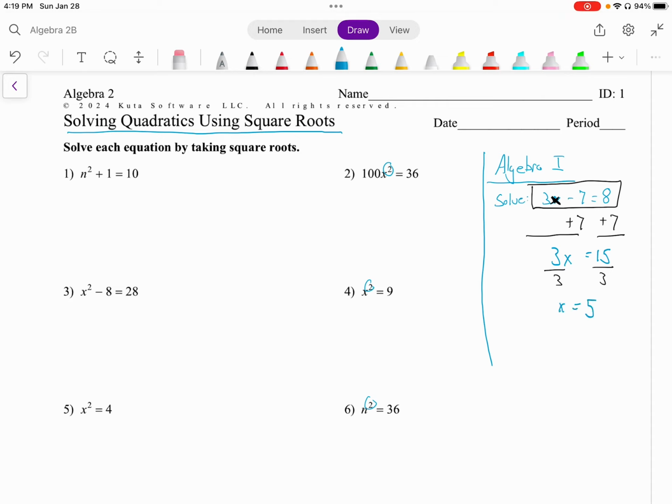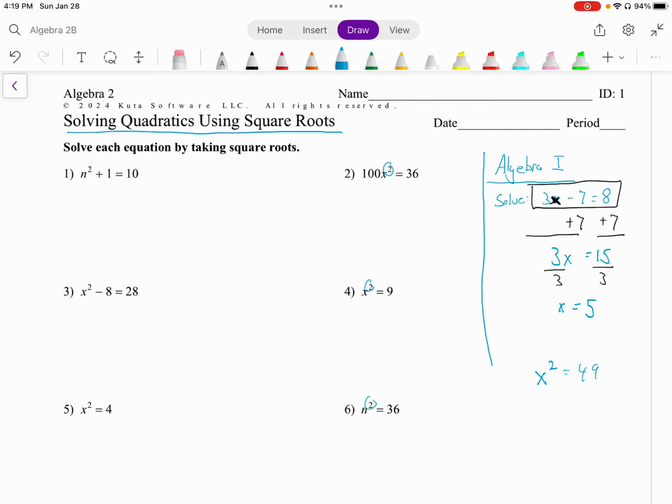We're going to do that same idea with these other questions where we're trying to solve for x. It's just that when we have an x squared or something squared, sometimes like (x minus 5) squared, in order to get rid of a square, the inverse of squaring is to take the square root. When we take the square root of both sides, we actually have to put plus or minus in our answer. Let me make one up here. x squared equals 49.